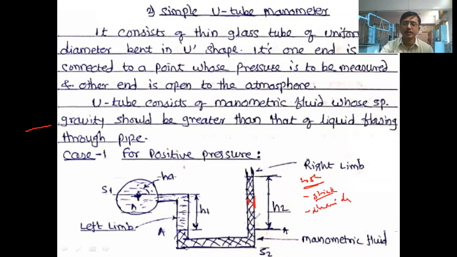It does not chemically react with the fluid flowing through the pipe. Then what else? Mercury is shiny in nature, so we can easily do the measurement on the scale. That is another reason.